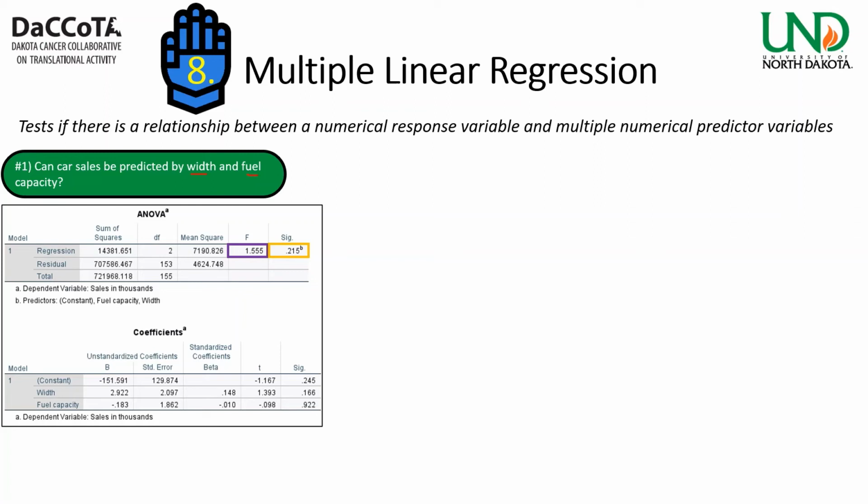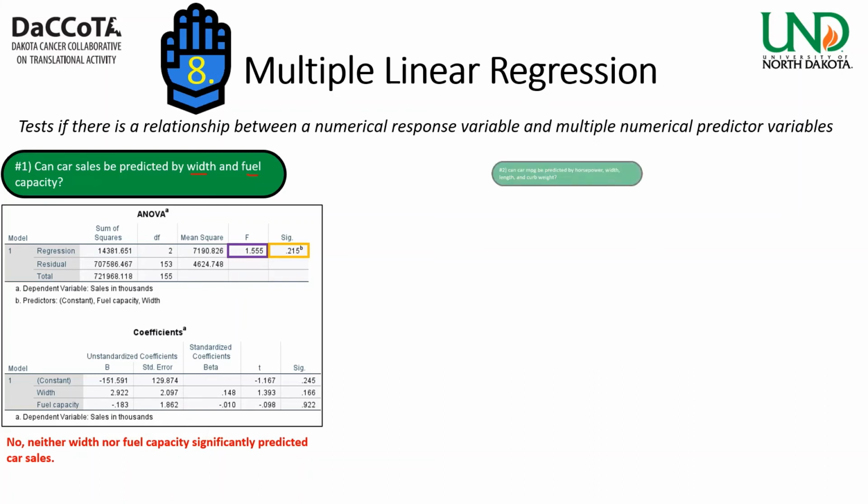But in this case, if there is significance in the overall model, you have to parse out which specific variables using the t-value and their associated p-value to see which ones are significant. Now in this case, the overall model is not significant, so therefore neither of the variables significantly predicted car sales, not width nor fuel capacity.